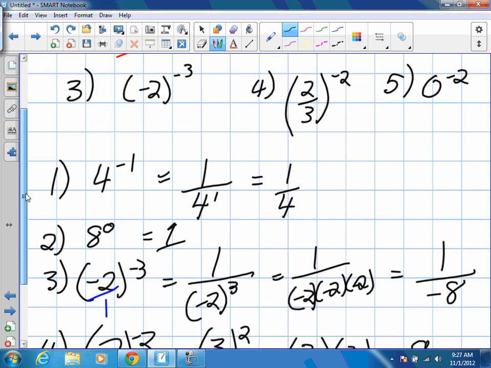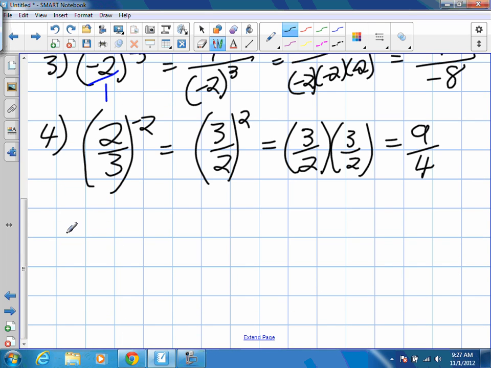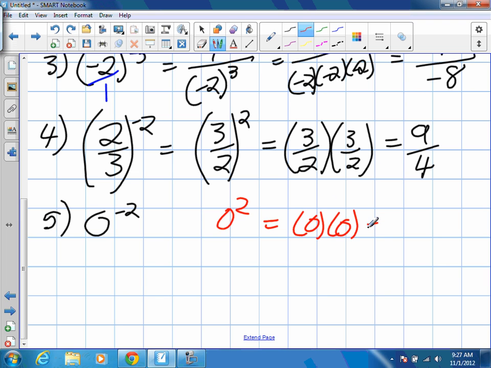Okay. Finally, 0 to the negative 2. Now this one's a bit tricky. Had this said 0 to the power of 2, that would be just 0 by 0, which is what? Right. But here, think of it as if it is still a fraction, 0 over 1, right? 0 divided by 1 is still 0, it doesn't change that number.